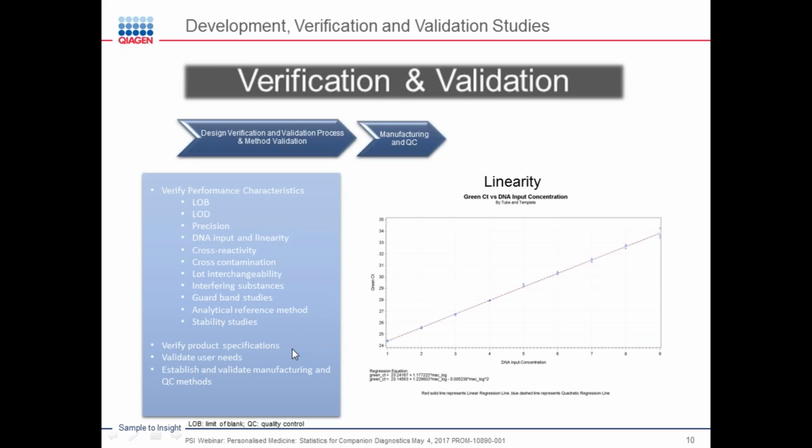In particular, we need to verify the product specifications and we need to verify the user needs. In this case, the example plot corresponds to a linearity study, showing that we have a linear assay across a DNA input range, which is really just meaning that our assay will be robust to different concentrations of sample.